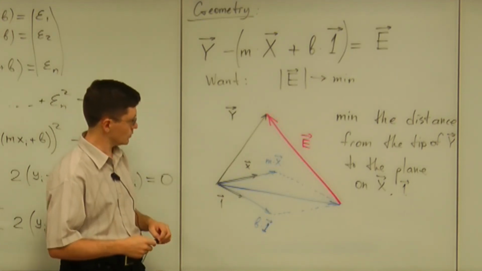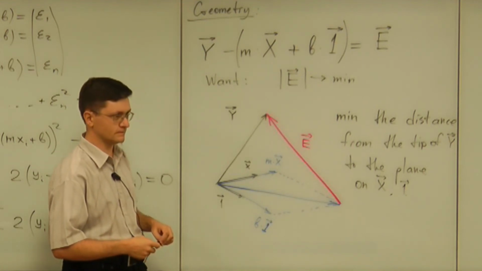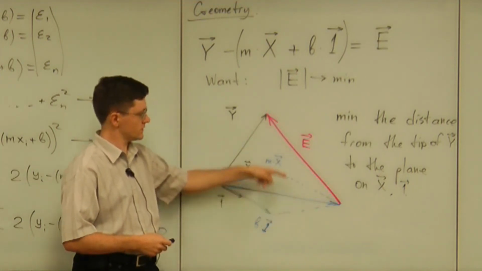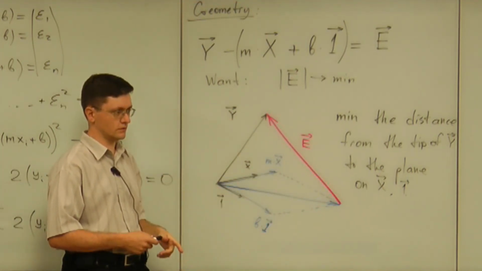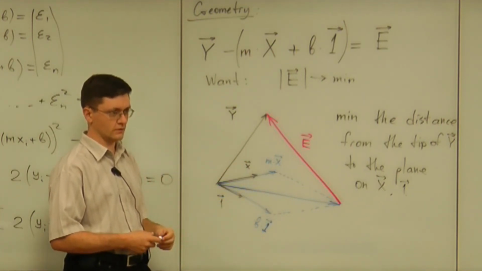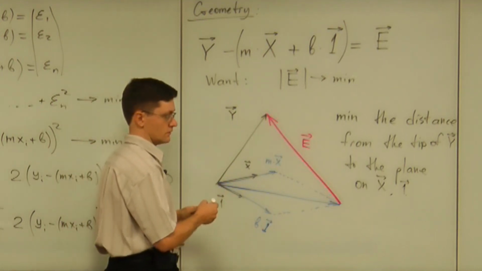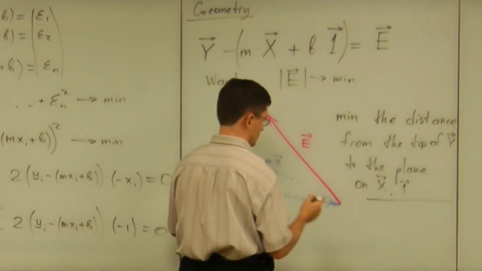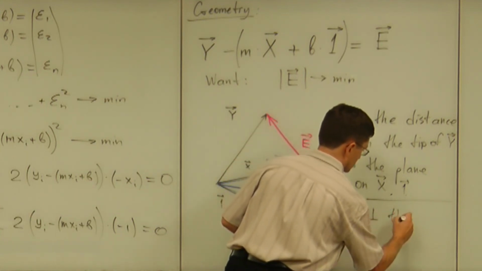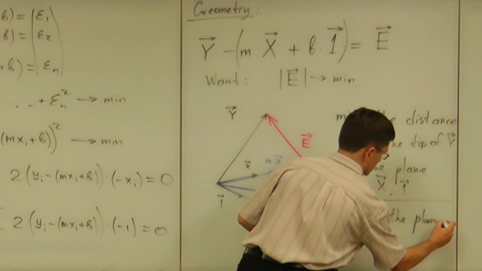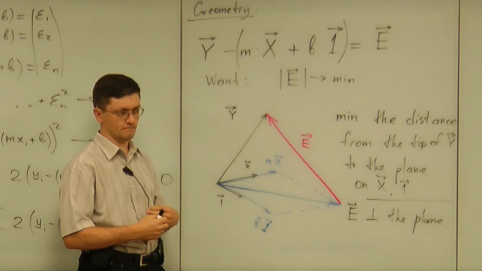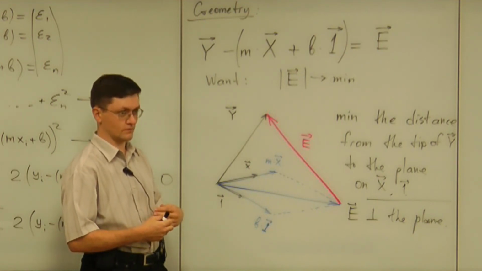And what is the solution? It is going to be the vector that minimizes the distance from the point to the plane. Normal vector. The vector perpendicular to the plane. So geometry suggests that vector E must be perpendicular to the plane. That's it. That's the complete geometric answer.